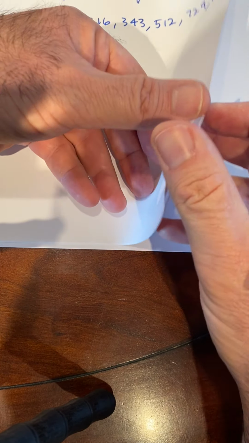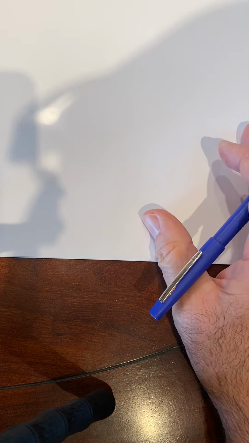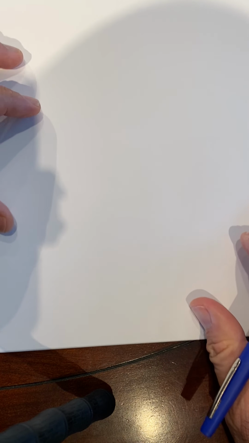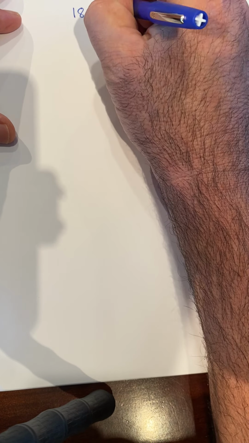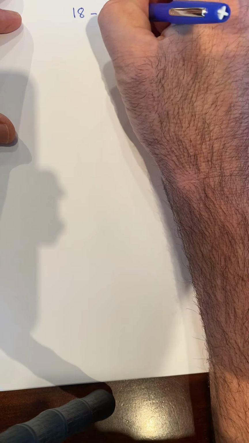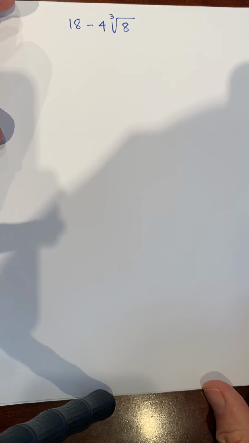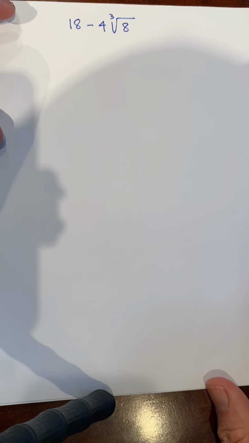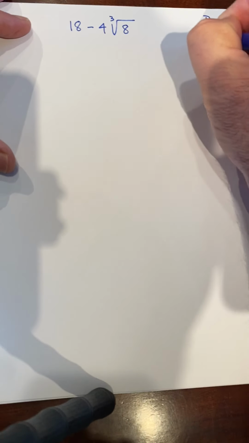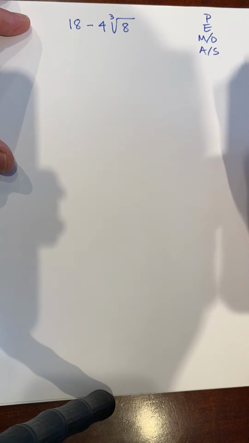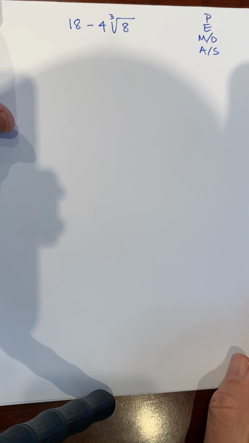Okay, the next thing you're going to be asked to do is to evaluate expressions. Let me give you an example. How about 18 minus 4 times the cube root of 8? So again, here you follow the order of operations. And we've all learned this, the acronym PEMDAS, or the mnemonic.